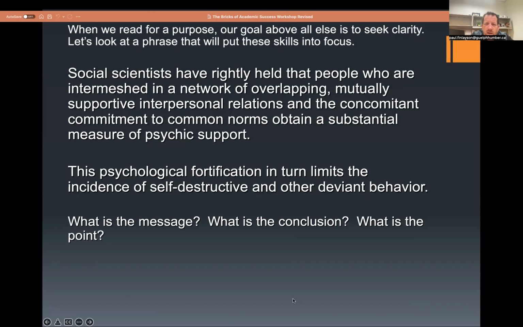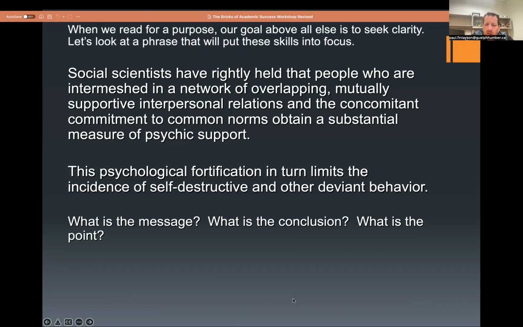So it says social scientists have rightly held that people who are intermeshed, what does this really mean? It's just saying social scientists accurately believe that people who are in a community or in a social network and who have good relationships and a set of common social norms are supported by that community. Okay, I've said exactly the same thing. This strength that they get from being in a community limits their self-destructive and deviant behavior.